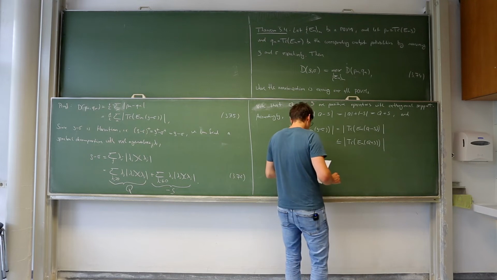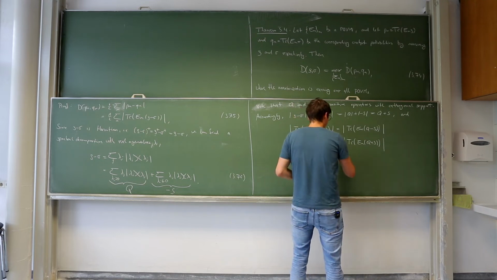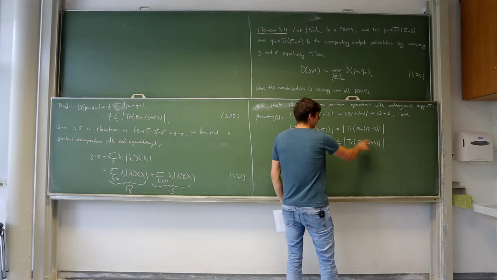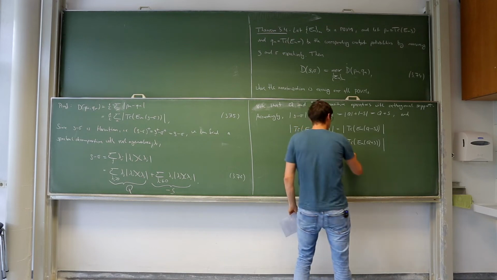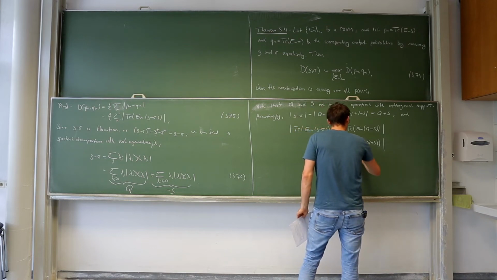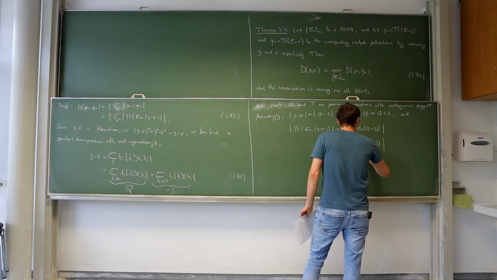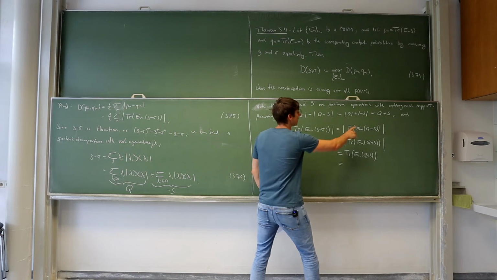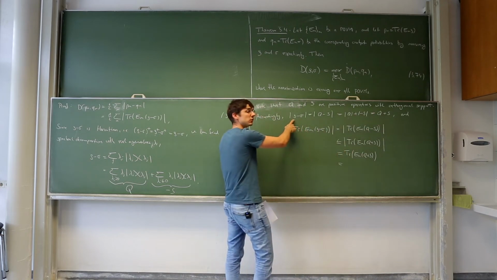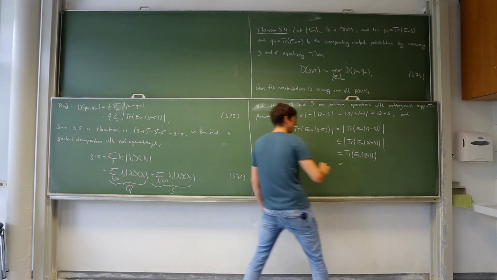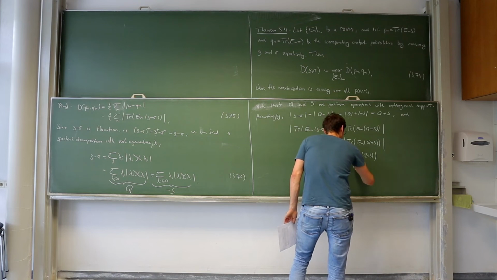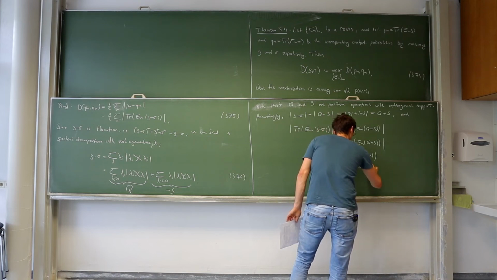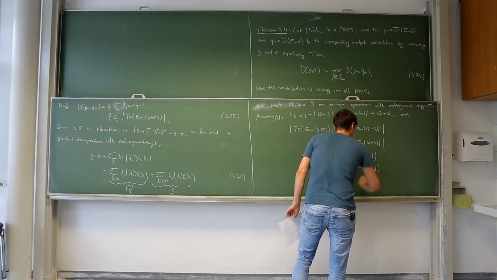And now we know that we only have positive values here, so this is equal to the trace of EM times Q plus S. Okay, and then we can plug in what we have here, so Q plus S is equal to the modulus of rho minus sigma. So we have the trace of EM and then the modulus of rho minus sigma.